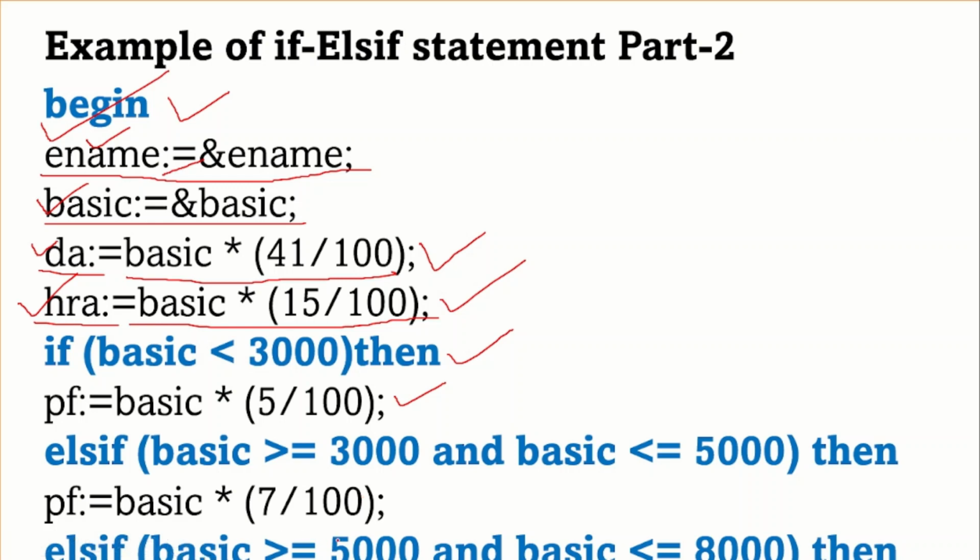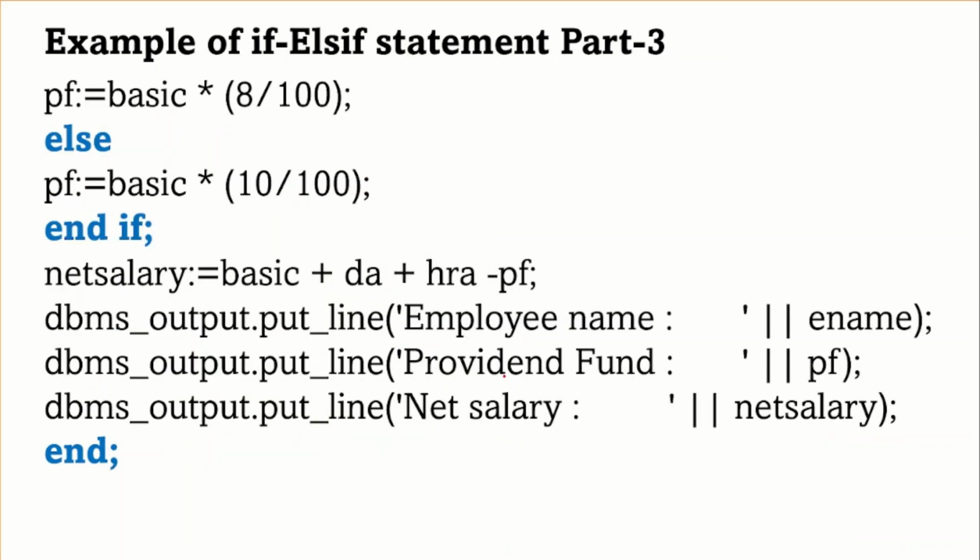Similarly, if basic is greater than or equal to 5000 and basic is less than or equal to 8000, in that case PF will be 8% of basic. Clear?